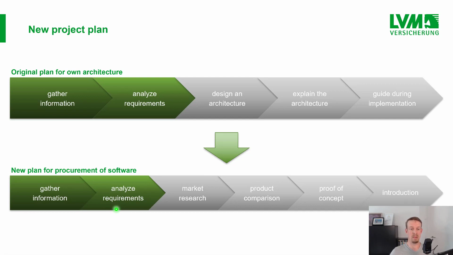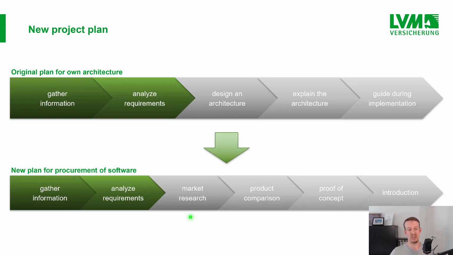But then we made a switch. We first wanted to do market research, then a product comparison, then run a proof of concept in order to see for ourselves how the solution might work. And if the proof of concept works out, then we want to introduce the new test data management tool.